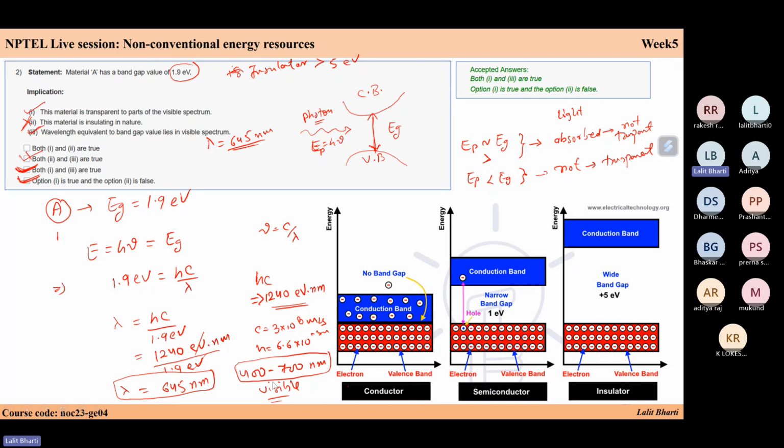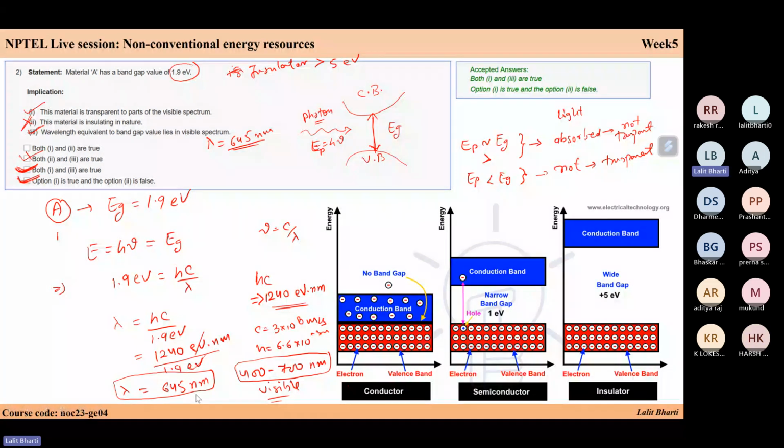Okay, now I got it. So parts of the visible spectrum means you have the whole spectrum, 400 to 700 nanometers, so only this 645 nanometers will be absorbed from the visible spectrum. For the other parts of the visible spectrum, the material will be transparent.